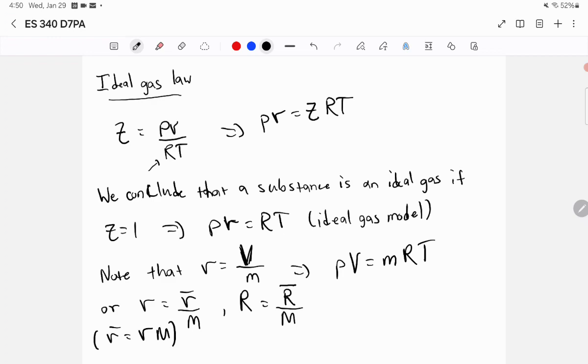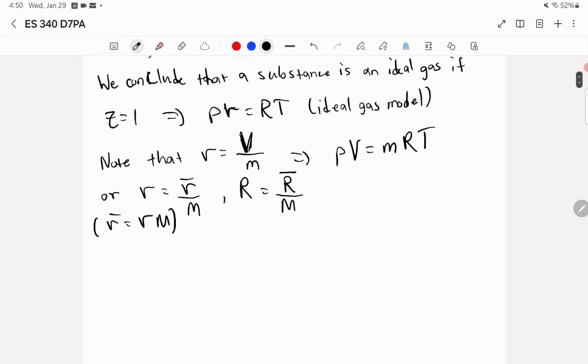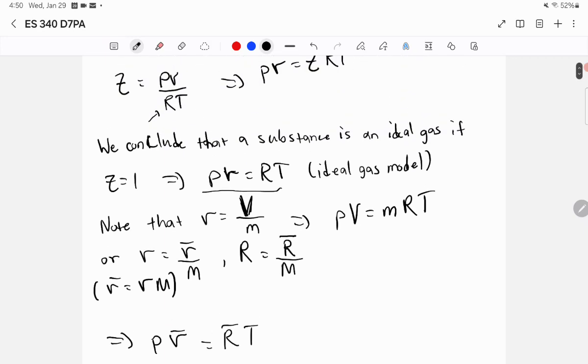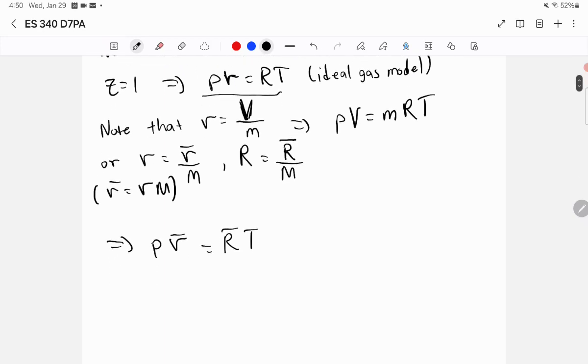If we make this substitution, we find that PV bar is equal to R bar times T. All of these are obviously ideal gas as I go along here. I'm just not writing it in every place, but we're making that assumption.